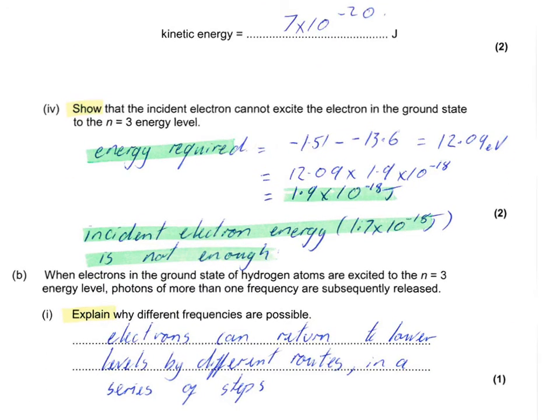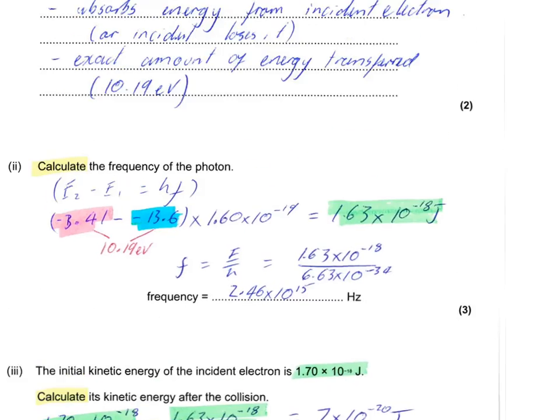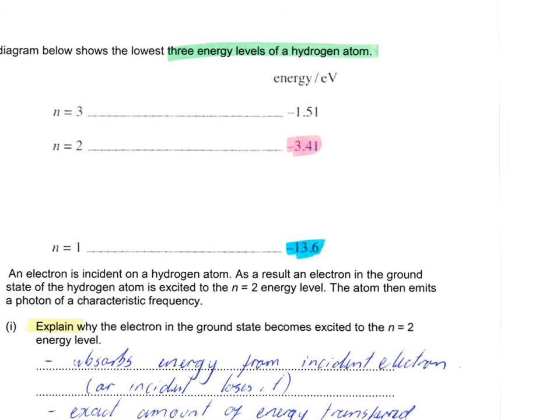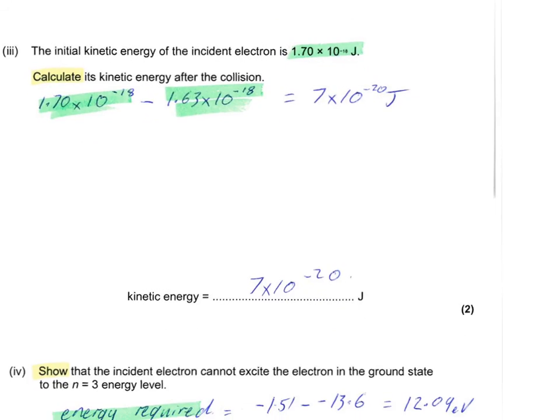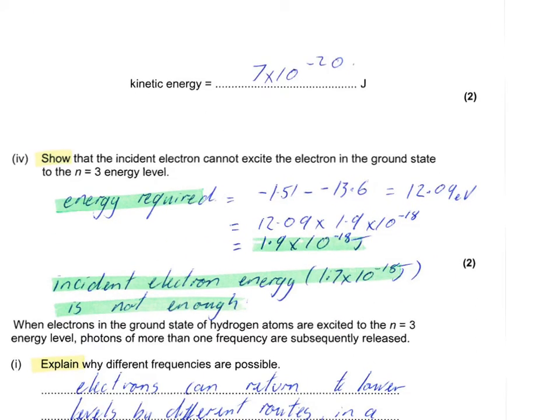Now we've got to show that the incident electron cannot excite the electron in the ground state to the n equals 3. So the first thing we'd have to do is to work out how much energy was required to do that. So that would be going from minus 13.6 up to minus 1.51. And so any difference, final take away initial, well, minus 1.51 minus minus 13.6 gives me 12.09.